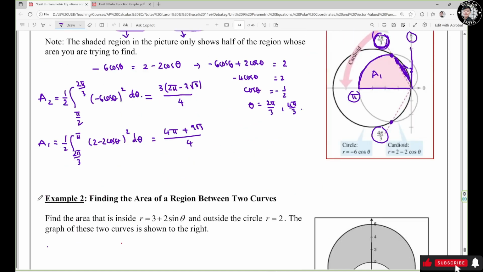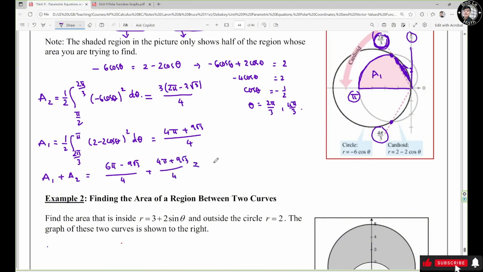Basically, you just add them up. A1 plus A2 equals 3 times (2 pi minus 3 root 3) over 4. Distributing, it could be 6 pi minus 9 root 3 over 4, plus 4 pi plus 9 root 3 over 4.